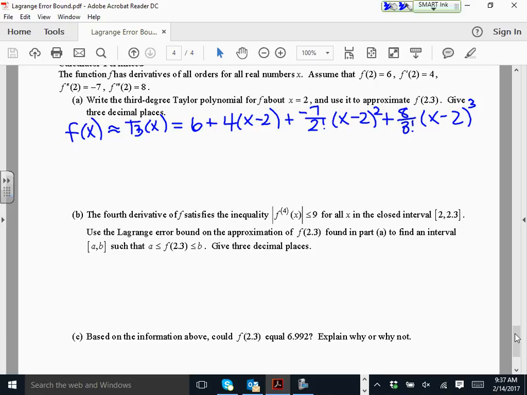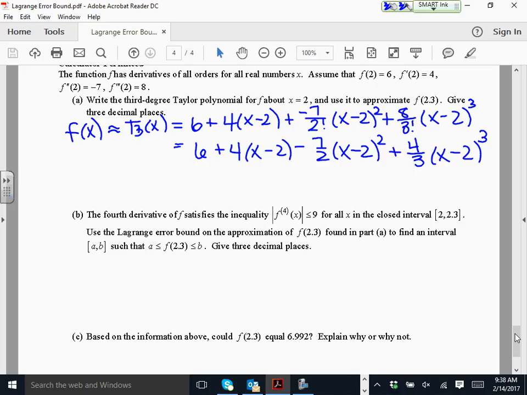Okay, so let's make this look a little bit nicer. We have 6 plus 4 times x minus 2 minus 7 halves times x minus 2, the quantity squared, plus, I'm going to reduce this to 4/3 times x minus 2, the quantity cubed. Okay, so now we're going to use this to approximate 2.3.